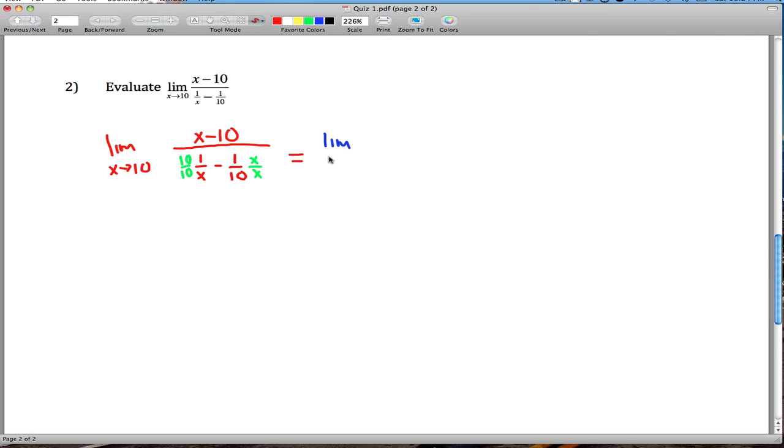And what that gives us is the limit as x approaches 10 of x minus 10. Maybe instead of just writing x minus 10, I'll call it x minus 10 over 1, so that we can keep track of our fractions inside fractions. On the bottom, we'll have 10 minus x divided by our common denominator of 10x.